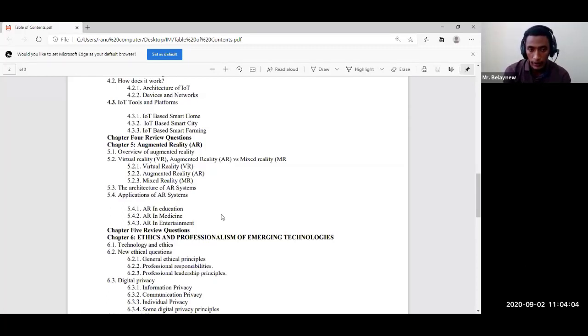So what does AR mean? Creating a digital form of the real world environment. We can create every road and every neighborhood in digital form by using this AR, or augmented reality. We will see those in chapter 5.